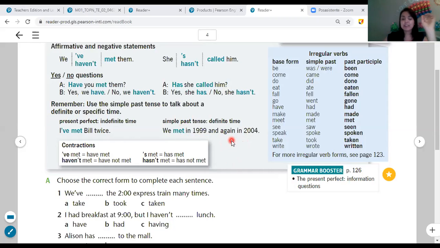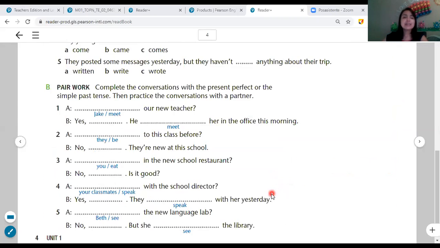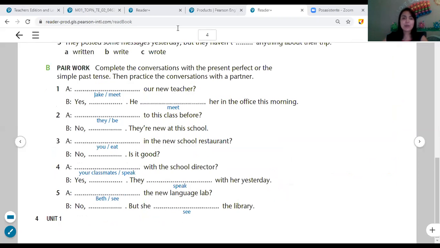This is definite, this is specific, as you can see. So we use the simple past. Y recordamos que con el present perfect usamos los verbos en el past participle, los irregulars, okay? So let's check the exercise that we have.